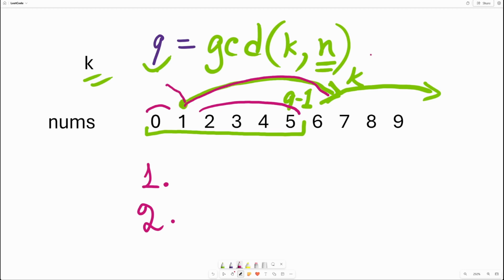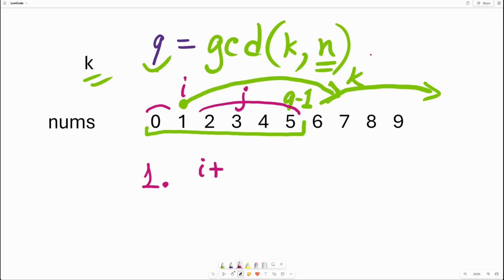Okay, let's try to prove these ideas. Now start from the point, let's say we have two indices, i and j, both within this range from 0 to q minus 1. Is it possible that at some point we'll end up on j if we started from i? Well, in order for this to happen, the following should be true.